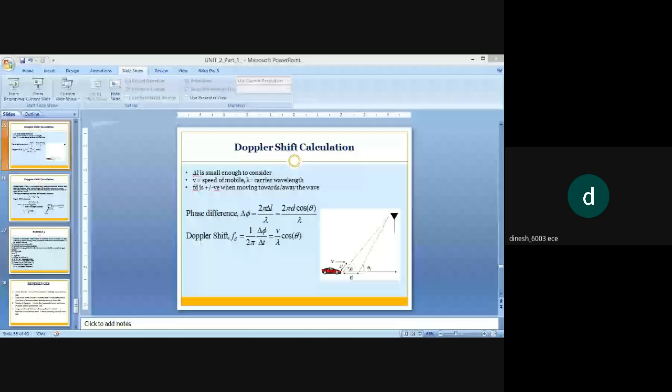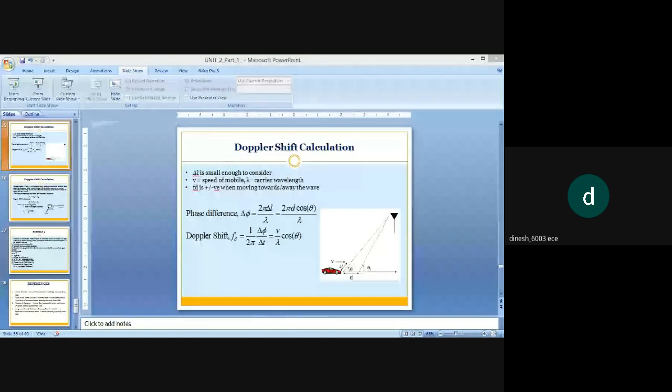The phase difference can be calculated by del phi equal to 2 pi del L by lambda, which is 2 pi d cos theta by lambda. The Doppler shift, either positive or negative, where positive means moving towards the observer and negative means moving away from the observer, is calculated by fd equal to 1 by 2 pi del phi divided by del t, which gives v by lambda cos theta.